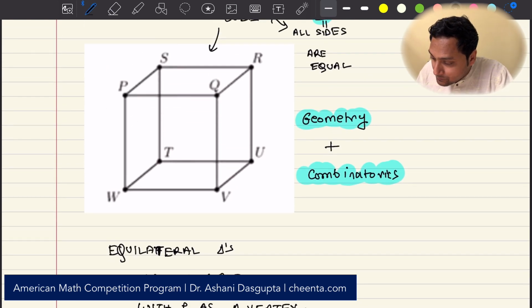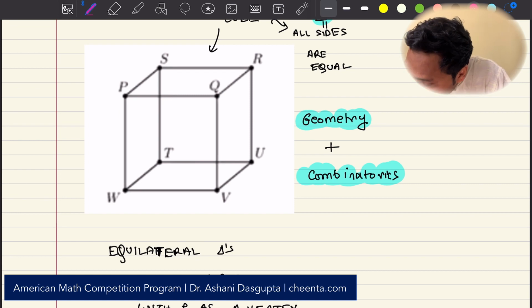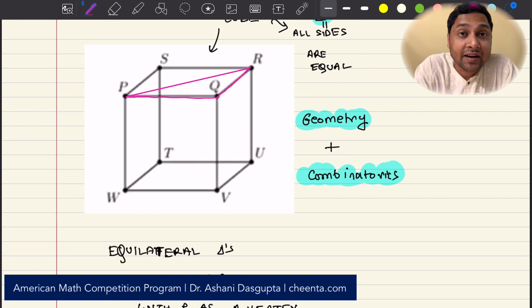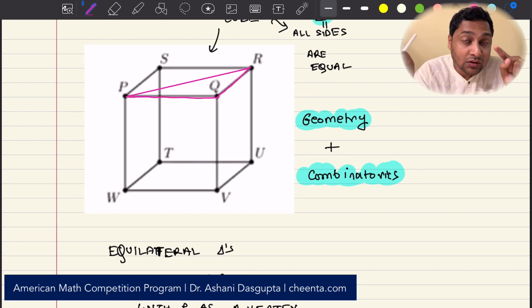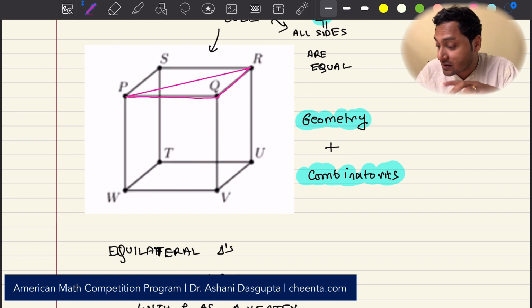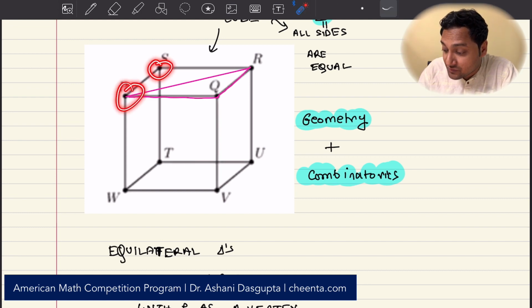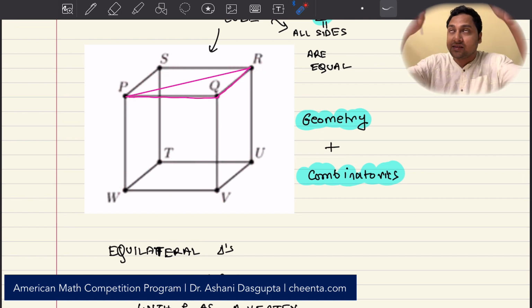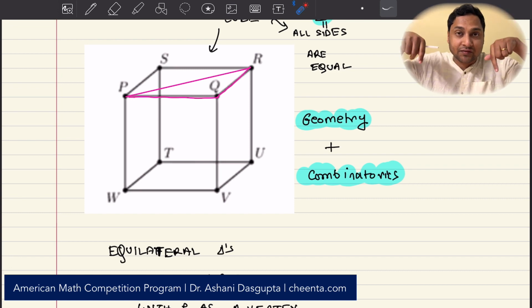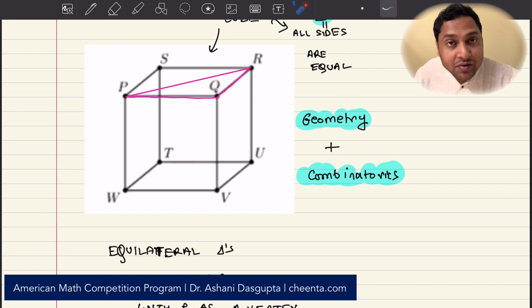So they gave an example that PRQ is an isosceles triangle with P as a vertex, and all 3 vertices are coming from these 8 vertices. That's how we want to make these triangles. The vertices of the triangles should come from the 8 vertices of the cube, and the triangle should be equilateral. In this example, the triangle is not equilateral.